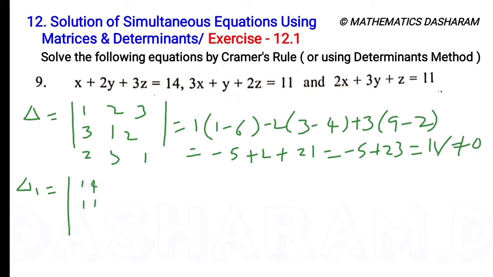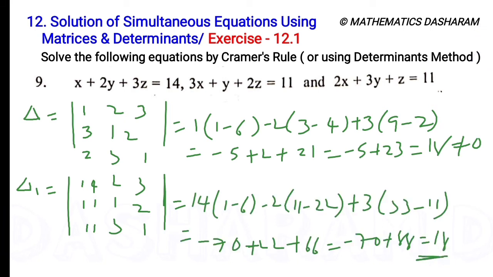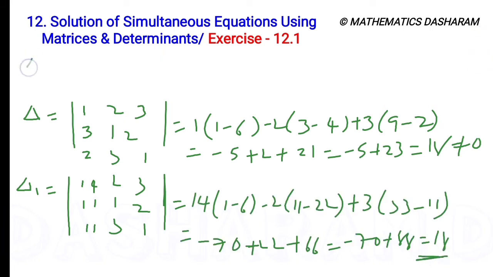So 14, 11, 11, then 2, 1, 3, 3, 2, 1. Let's find its determinant. So delta 1 equals 18. Next, the delta 2 matrix: replace the second column with the constant numbers. The constant numbers are 14, 11, 11.